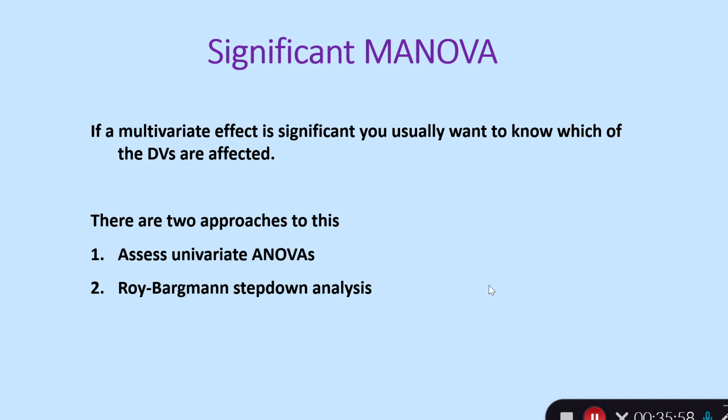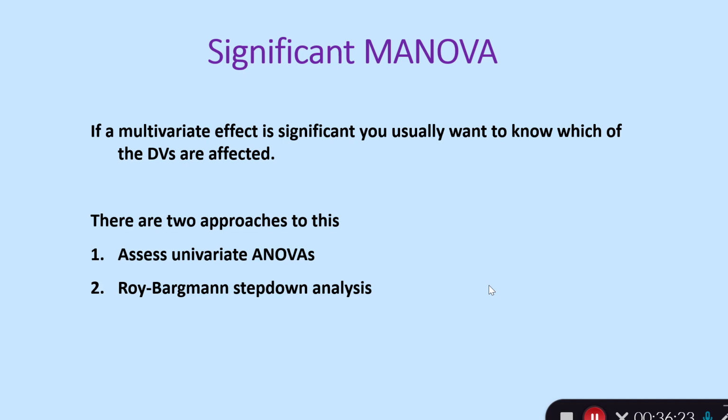And there are two approaches to doing follow-up post hoc tests with MANOVA. These are to conduct univariate ANOVAs, so univariate F tests on each dependent variable separately, or secondly, instead of doing that, we could do something called Roy-Bargman step-down analysis.